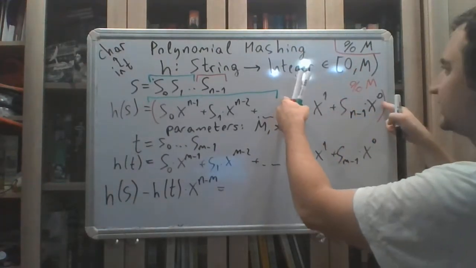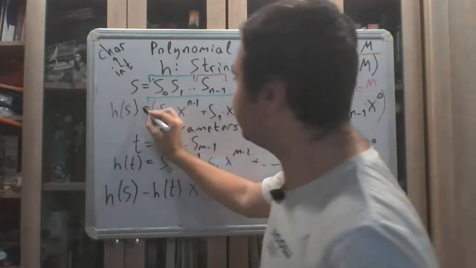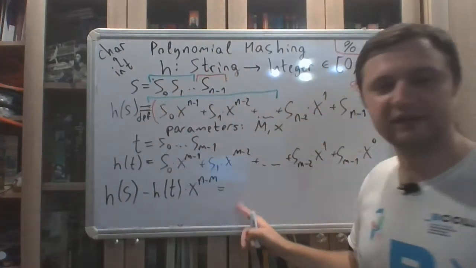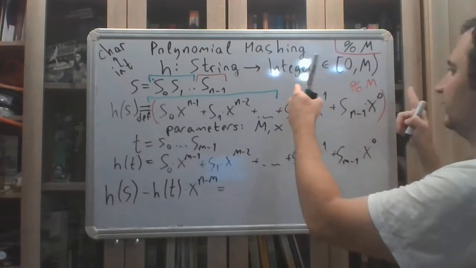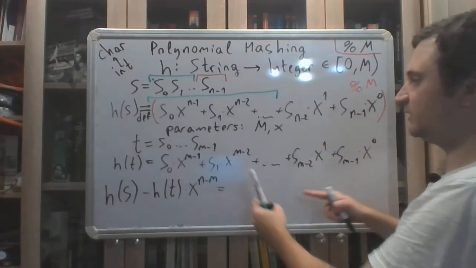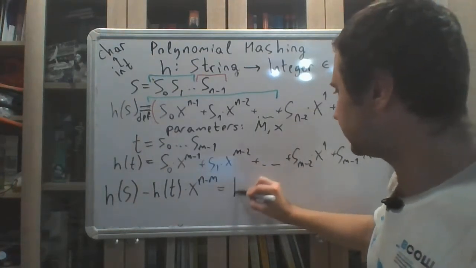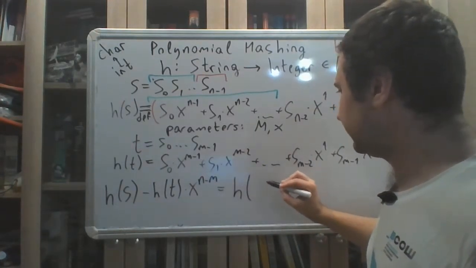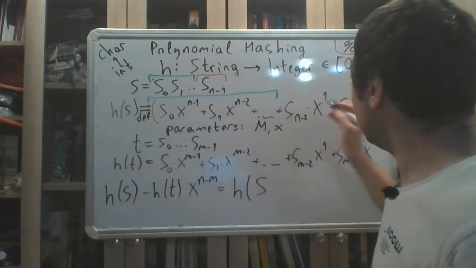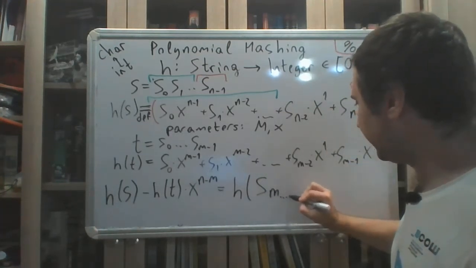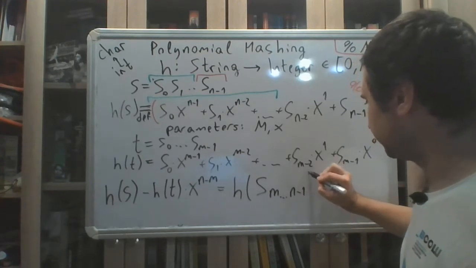This was exactly the definition of our hash function, and what is left over is exactly this definition applied to the last n minus m characters. So this is the hash function of the string s from which we take indexes from m to n minus 1.